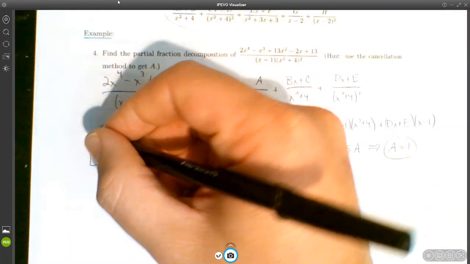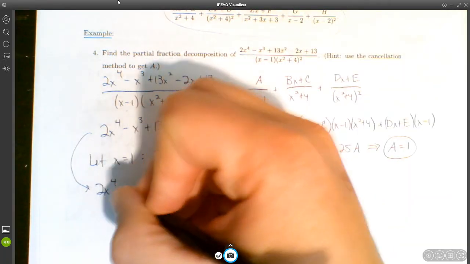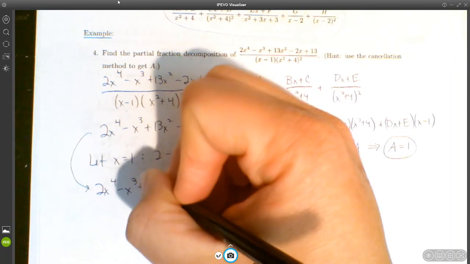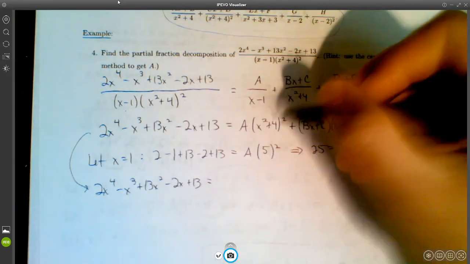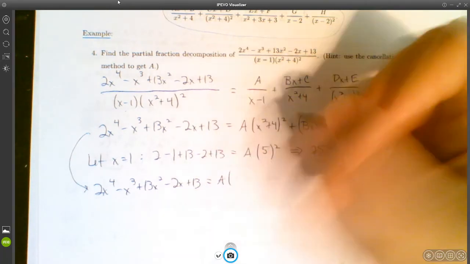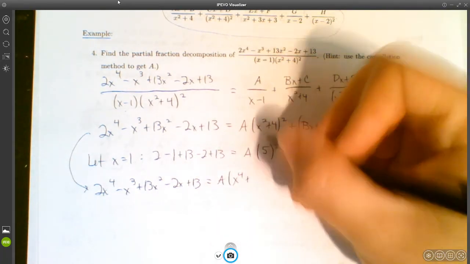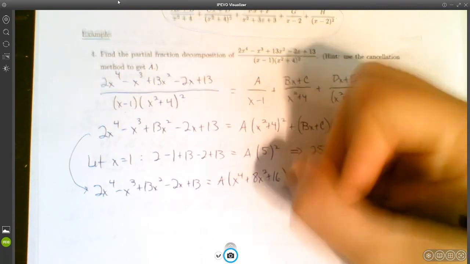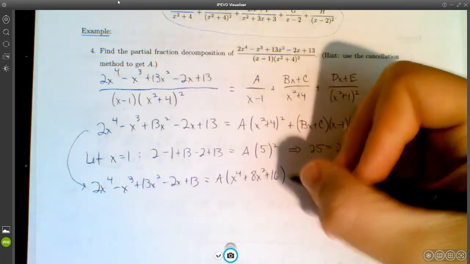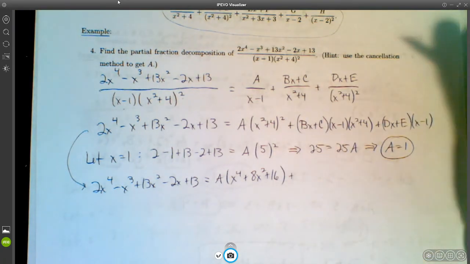So you know what? I'm going to do an additional step here. I'm going to say 2x to the fourth minus x cubed plus 13x squared minus 2x plus 13 equals a times x to the fourth plus 4x squared plus 4x squared would be 8x squared plus 16, plus, oh, do I really want to do this? This is nasty.